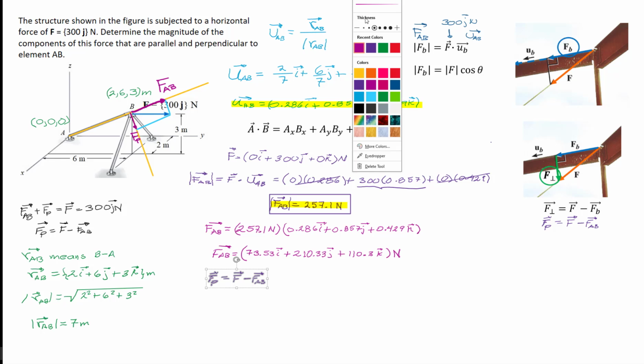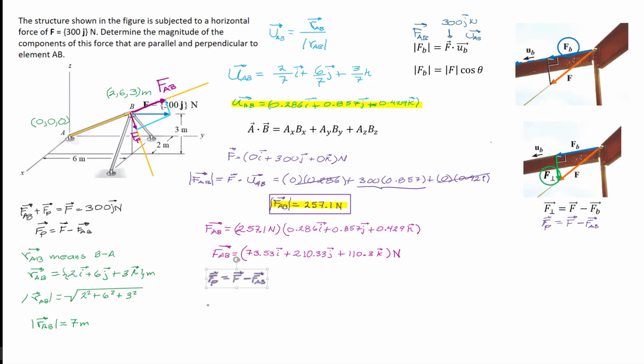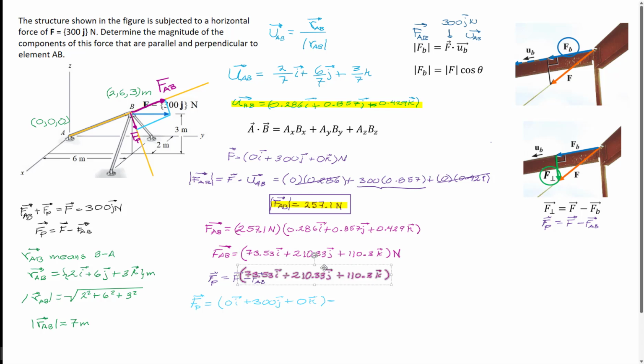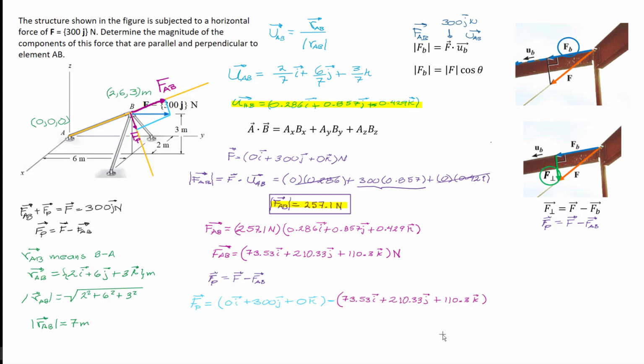But now we will substitute the formulation. So my FP as a Cartesian vector is equal to my first vector, that is F, which is 0 i plus 300 j plus 0 k, minus my vector that I already have calculated here. And remember again, really important, units.